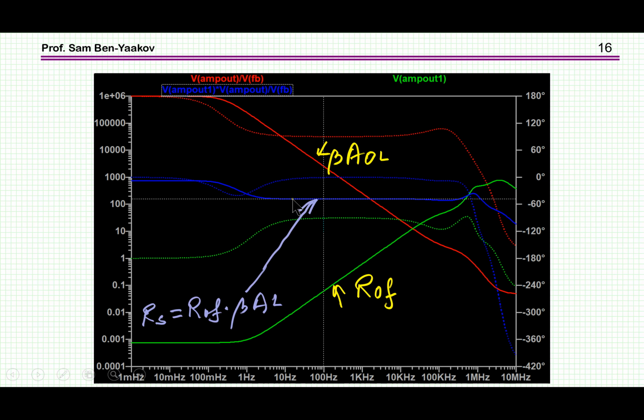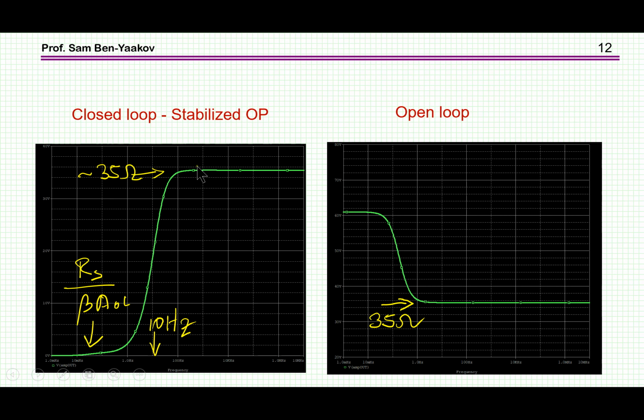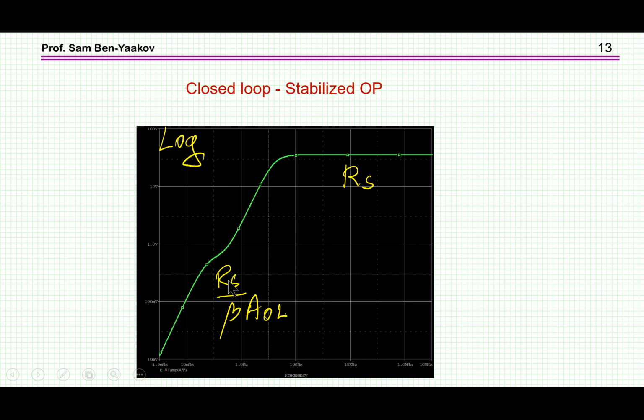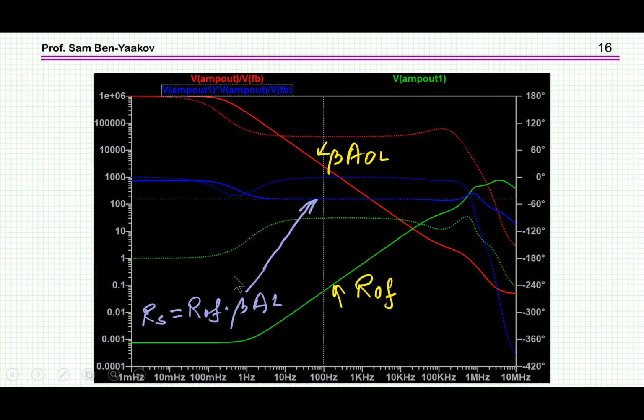You see here that the output resistance is about 100 and something, while earlier with the PSpice we got it to be 35. Okay? So the models are not exactly the same. This is something to remember when you're using simulation.